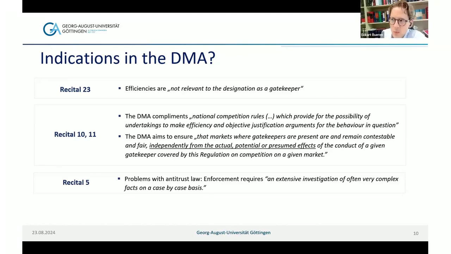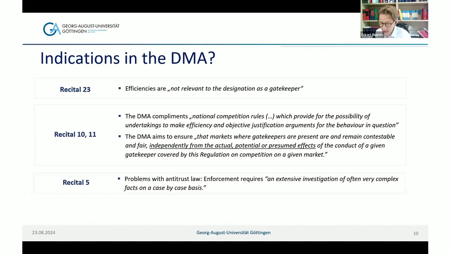On the other hand, we can also say that the DMA is not completely blind to the consequences that the regulation is intended to bring about. There we can look into Article 1 of the DMA. I don't have it on the slide, but Article 1 of regulations is usually the provision which says which goals a certain regulation wants to achieve.